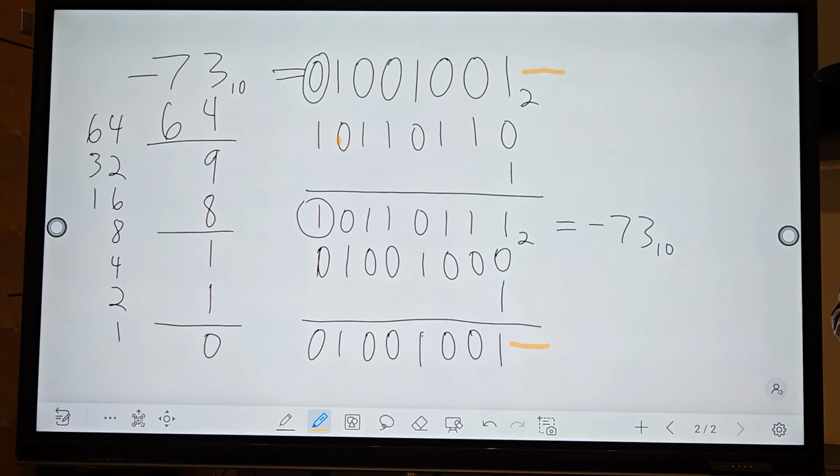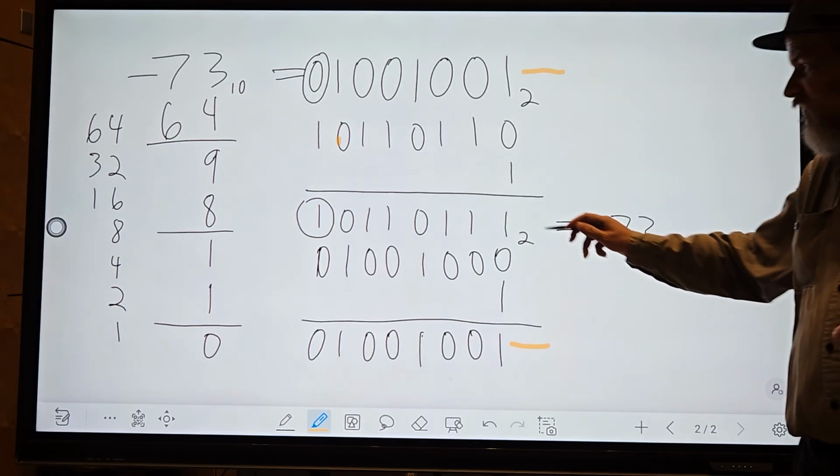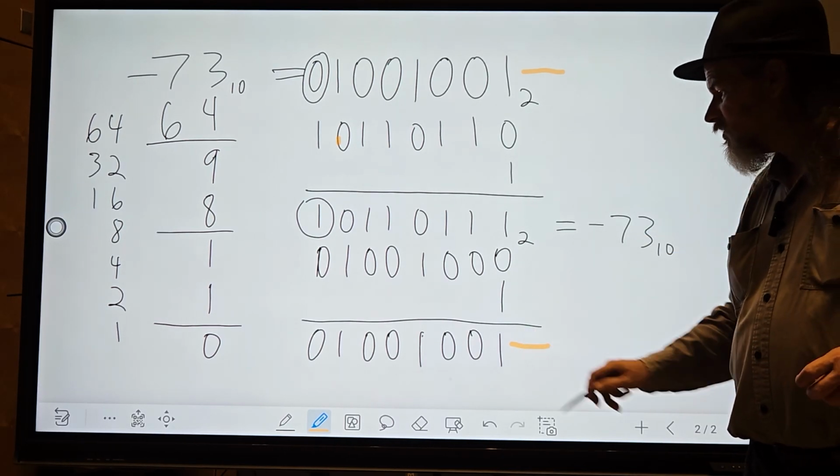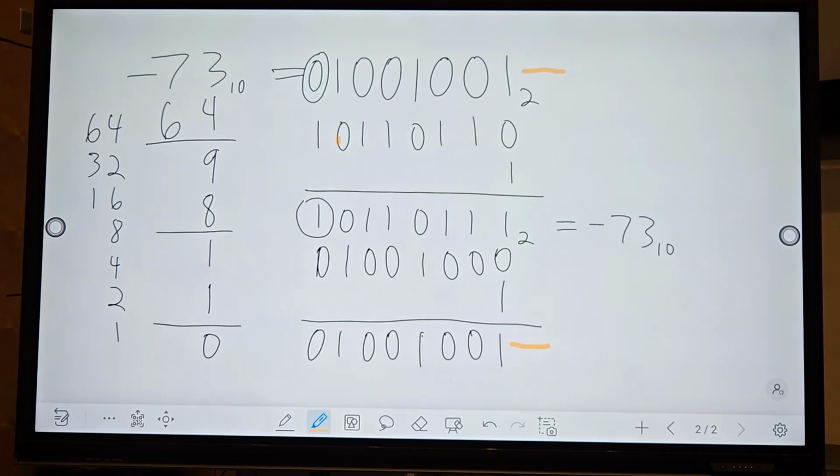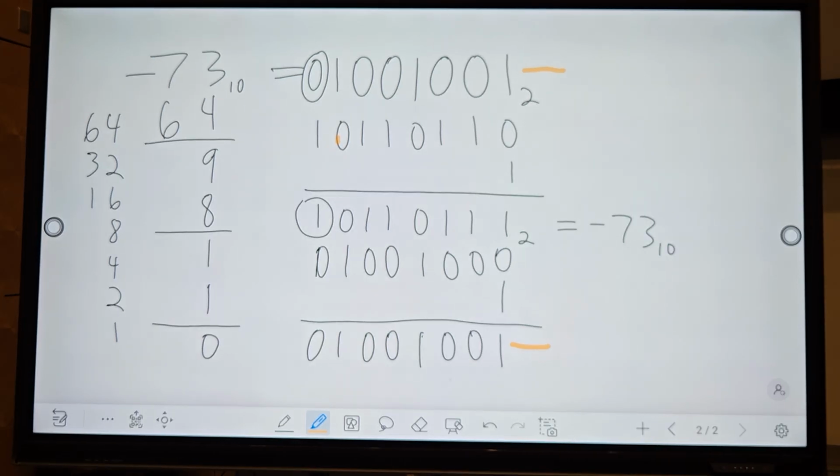In digital logic, you'll learn how to implement this easily in logic, so the wires can do it. So, how are we doing on time? All right.